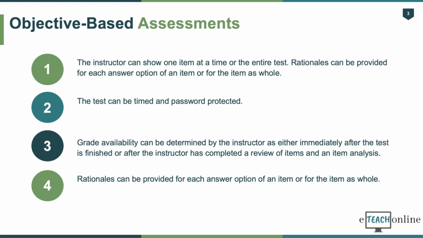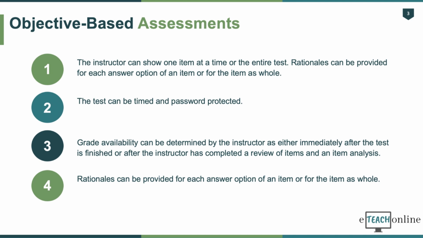Objective-based testing. Objective-based tests in an e-learning course consist of multiple choice, matching, and completion items. The instructor can customize the design and the deployment of the test, as well as feedback options. The instructor can show one item at a time or the entire test. The test can be timed and password protected.